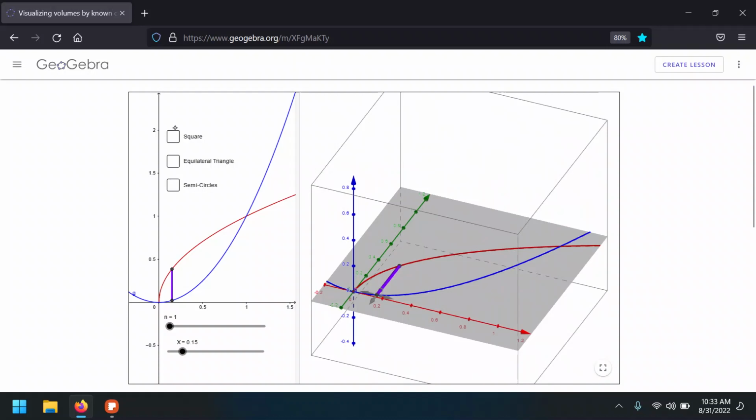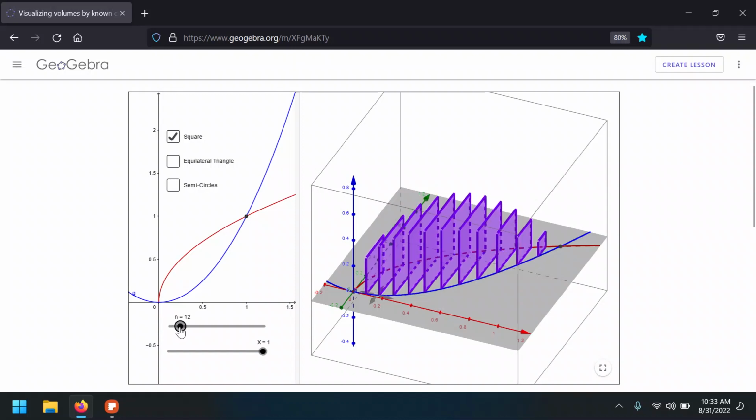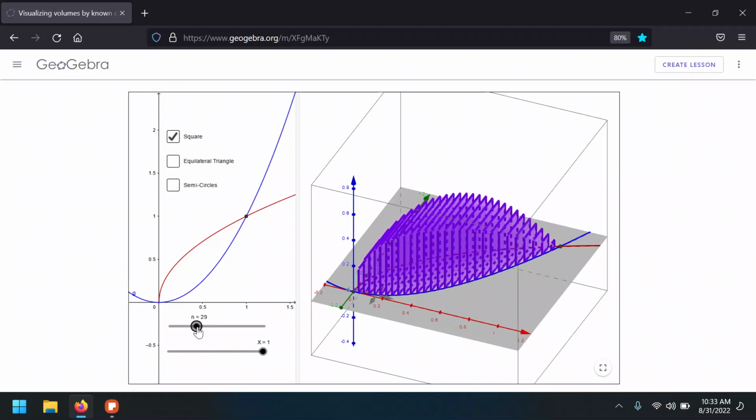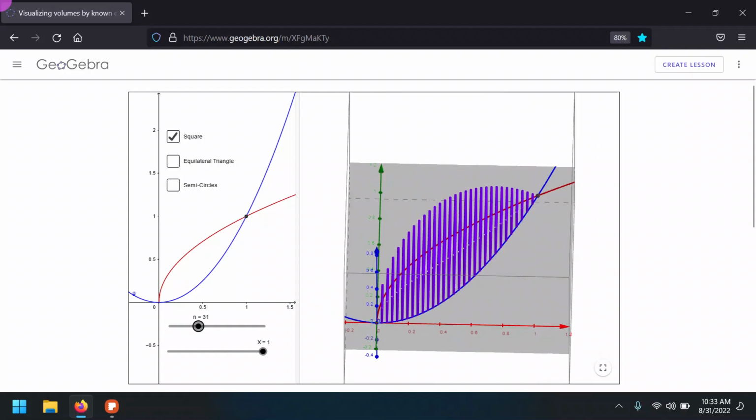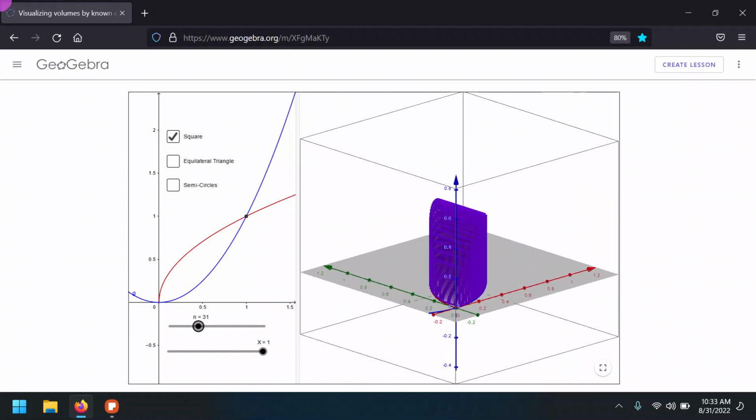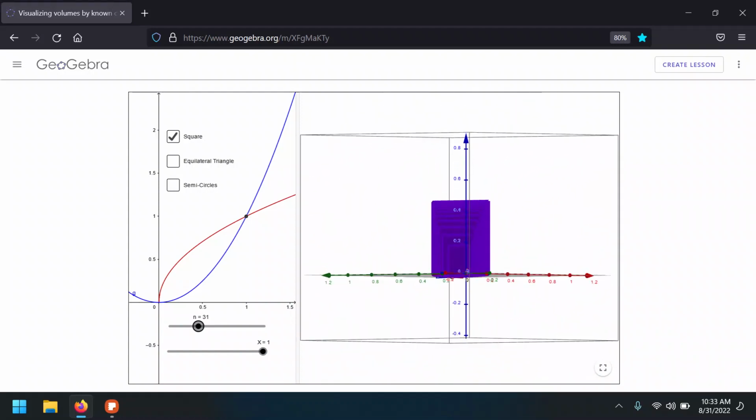In this case, we can choose to create squares. I want to fill the entire region with n equals 1, n equals 10, 12, 22, just a few, and see how the region looks. If we look from the side, we have cross sections that are square.